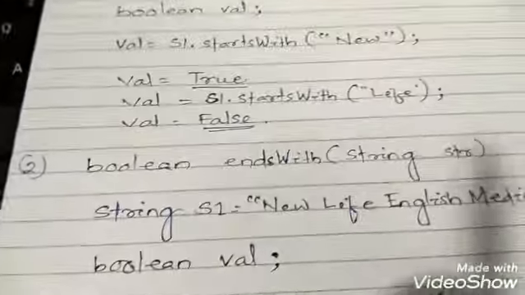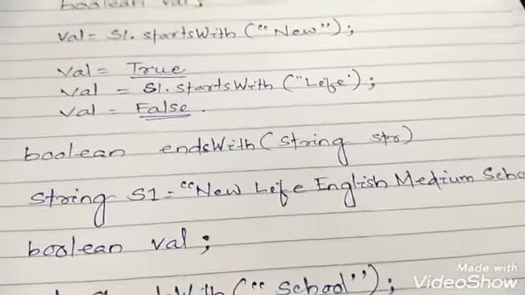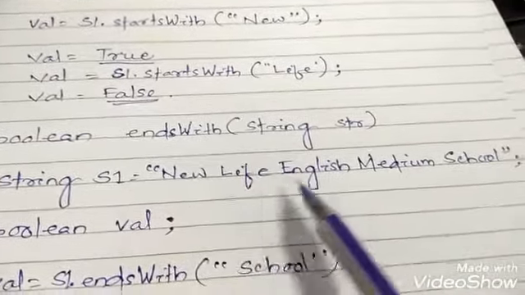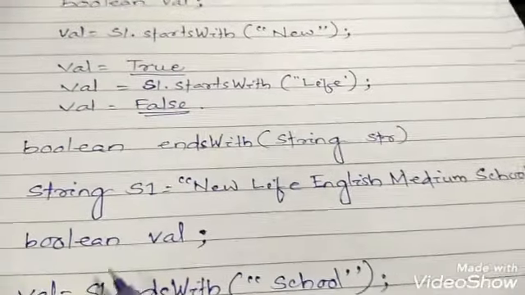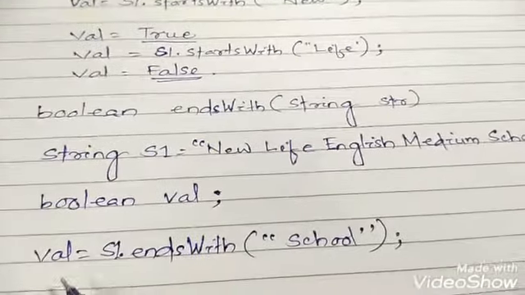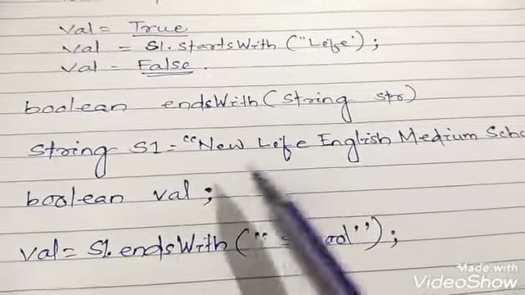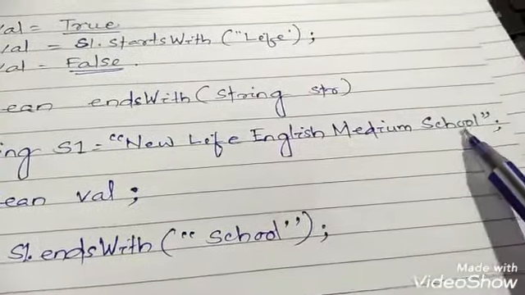Let us see another example. Here you can see boolean endsWith(String str) is there. So String s1 equal to the same New Life English Medium School. So boolean val. So val equal to s1.endsWith("school"). Does this string end with a word like school?